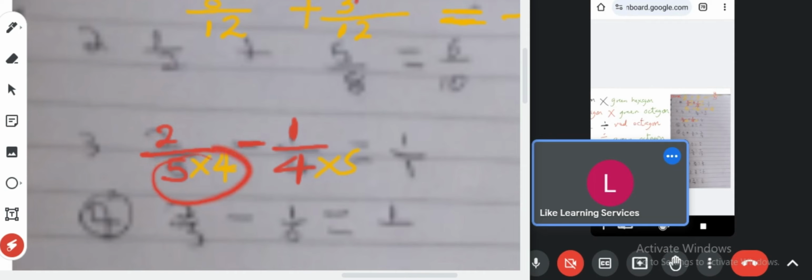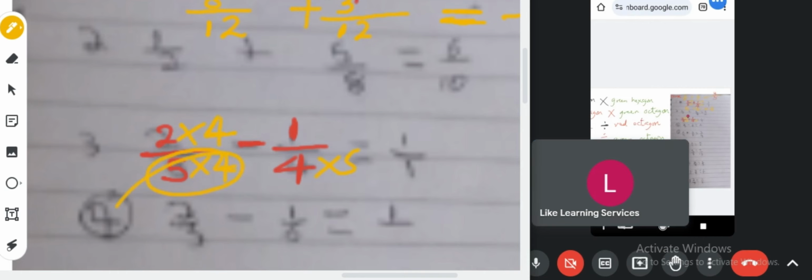What I multiply the denominator with is the same thing I will multiply the numerator with. So that should be 2 times what? I multiply the denominator with 4. Yes. So 2 times 4. Okay, how about this one? This numerator, what should I multiply it with? 1 times 5. Okay, let's write the answers.